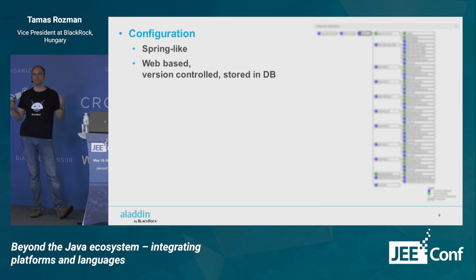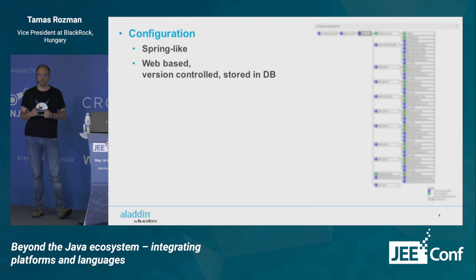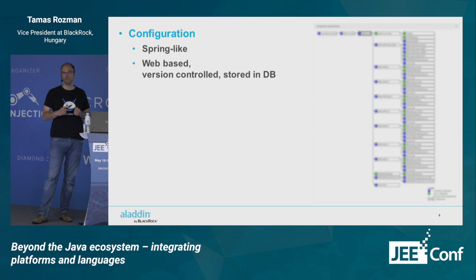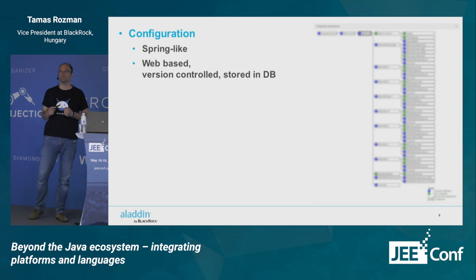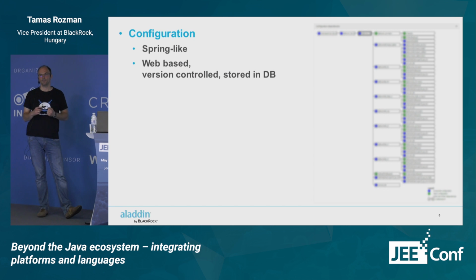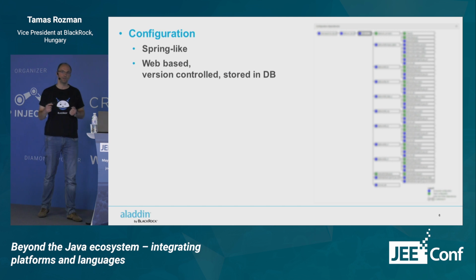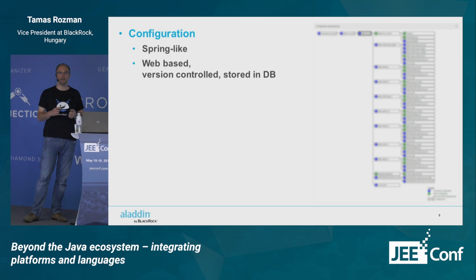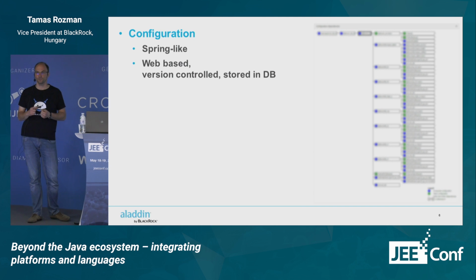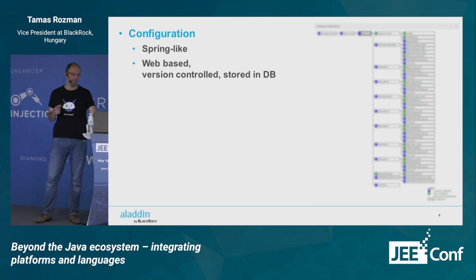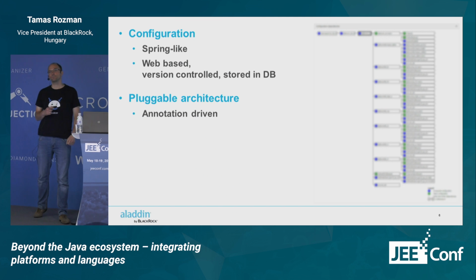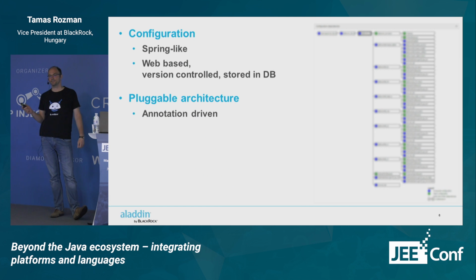There is a web front end where users can configure these calculations, I mean the hierarchy of these calculations. These are version controlled at runtime, so any change you make will be verifiable later. And this configuration is stored in a DB, not unlike in Spring, where it is stored in Git or basically the project. It has a pluggable architecture.